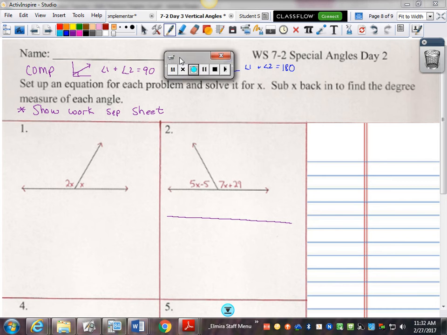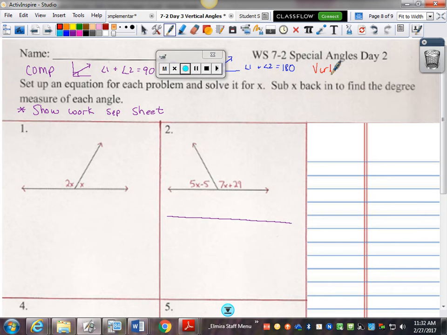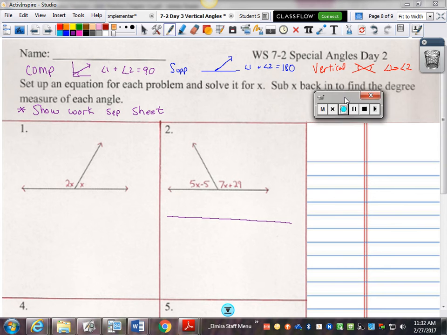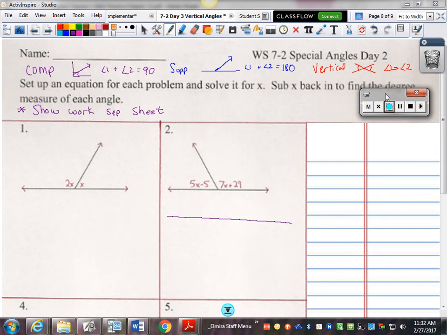And then lastly, we have vertical, and that's the X picture with those two angles across from each other labeled, and that's where angle 1 equals angle 2.